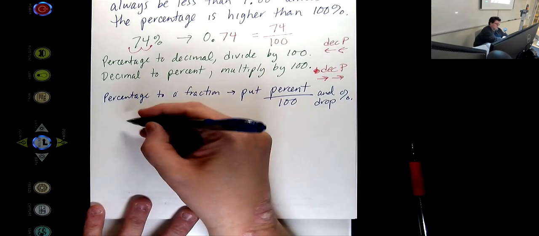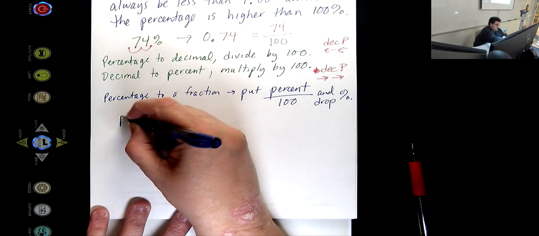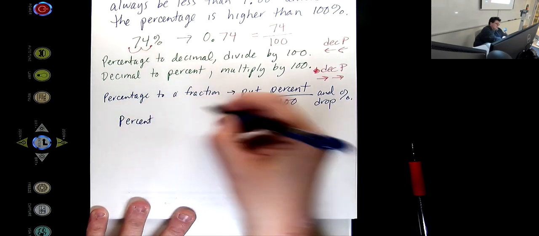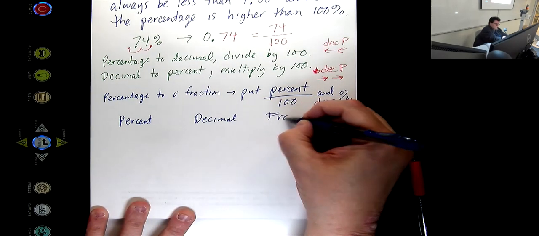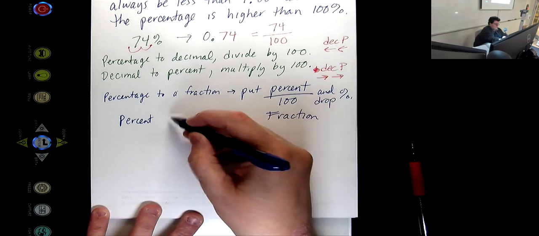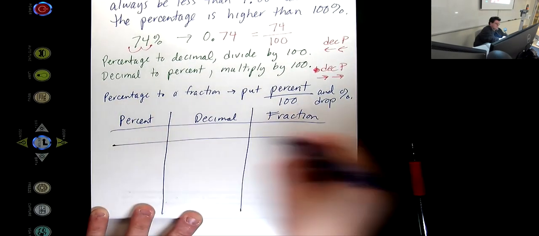So let's give you guys some practice here. I'm going to have a percent column, a decimal column, and a fraction column, and I'll give you some in each, and you have to fill in the blanks for the other ones.